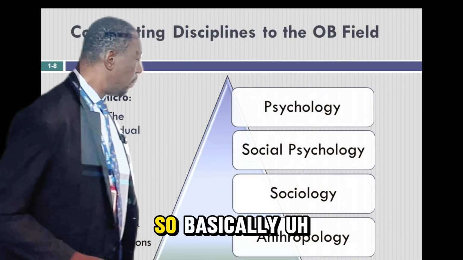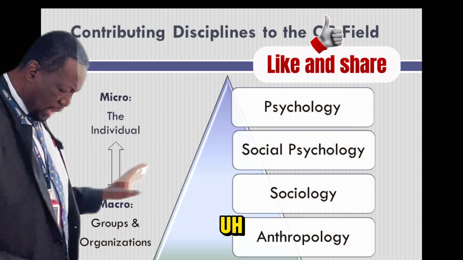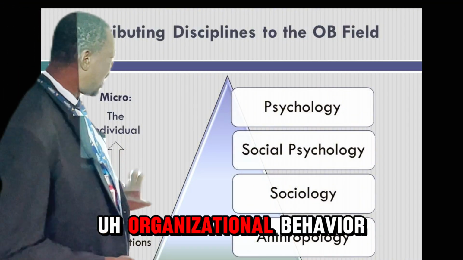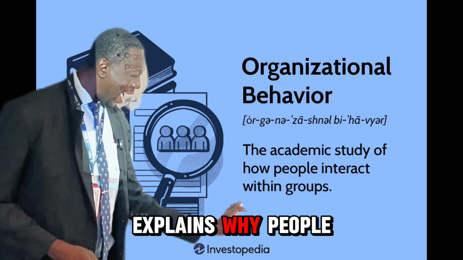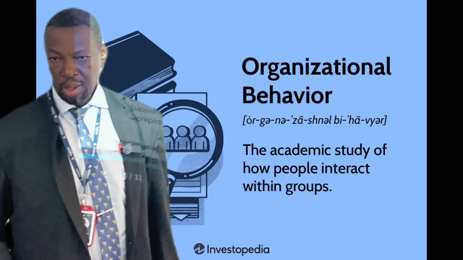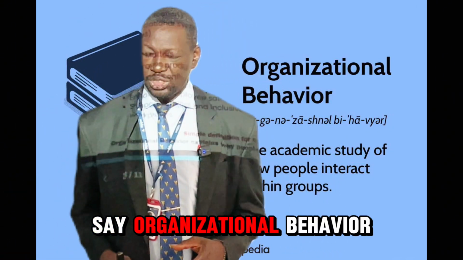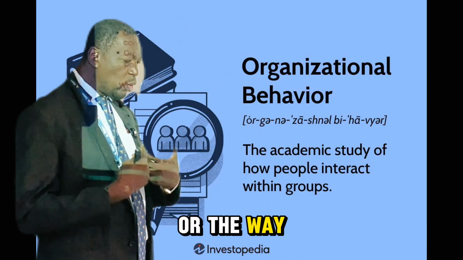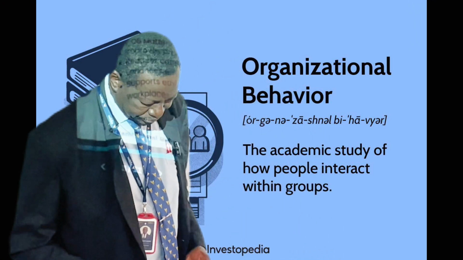Basically, in a nutshell, we can simply define organizational behavior as explaining why people act the way they do at work. In a simple form, organizational behavior deals with how people behave, or what they do at work.